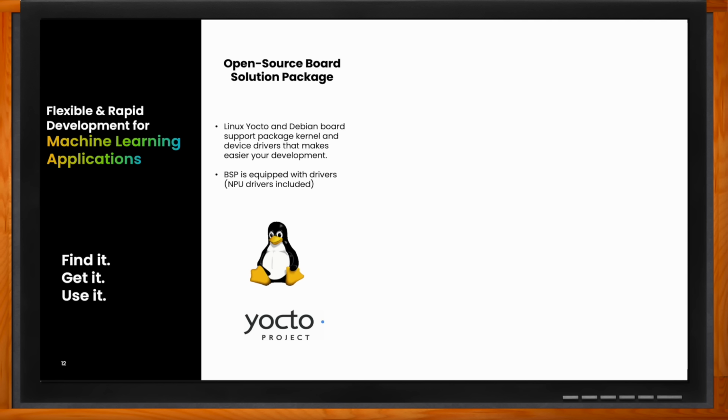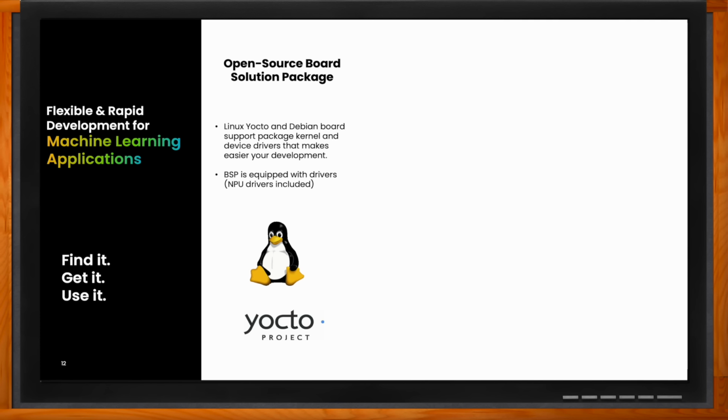So if you are using Yocto already and have a bunch of things in that system, you're able to integrate your stuff right into our workflow. But if you're not familiar with Yocto, then we also have a Debian release to allow people to get familiar with something that they know and love. Everyone knows Debian, it's a very familiar operating system. So it allows people who are maybe less familiar with embedded development to go into something familiar rather than jumping off the deep end with Linux Yocto.